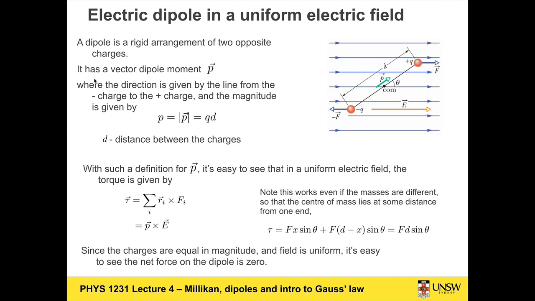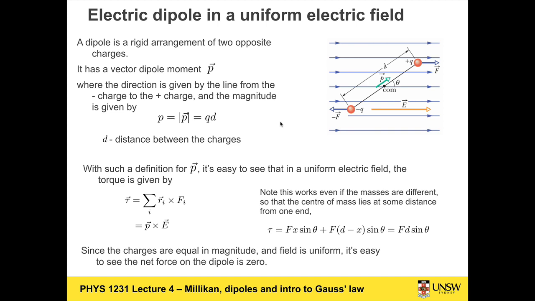We showed that this dipole has a vector dipole moment that we wrote as small p, it's a vector, of course, and the direction is given by the line from the negative charge to the plus charge. So here's my dipole moment p in this diagram for this example.